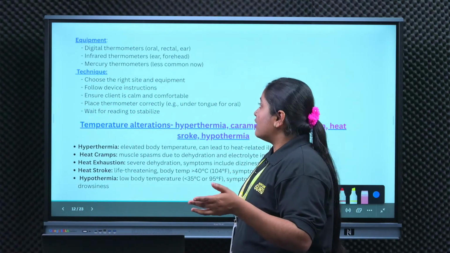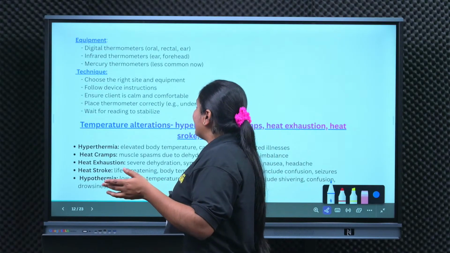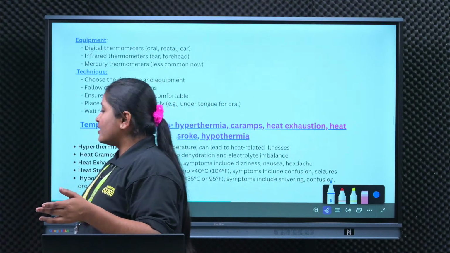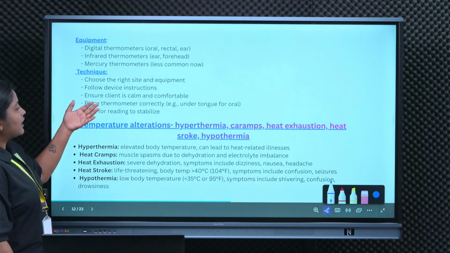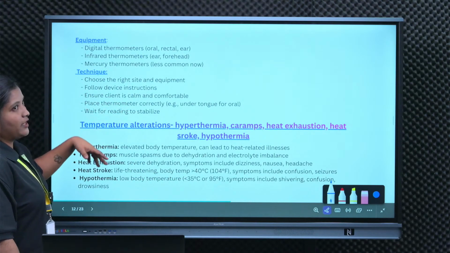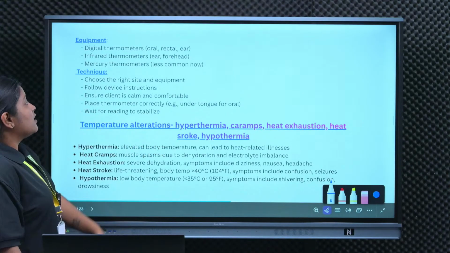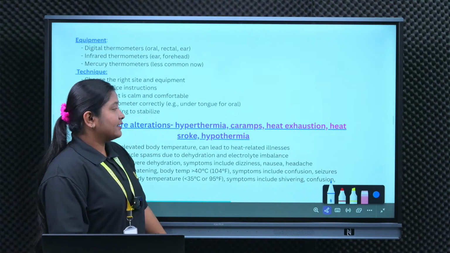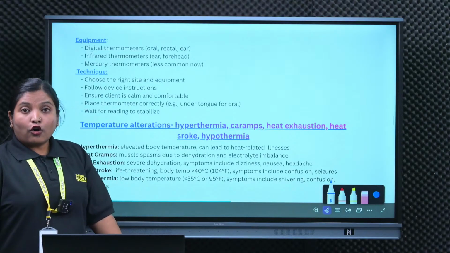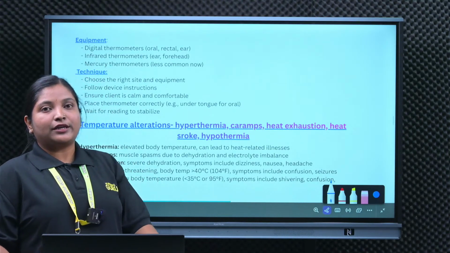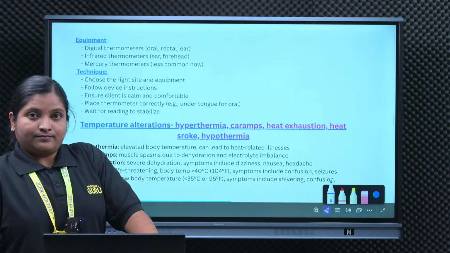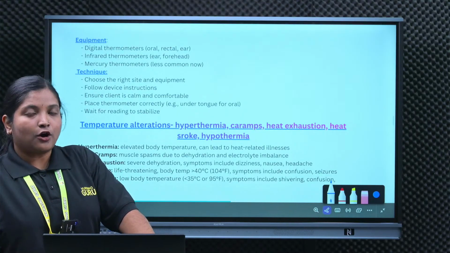The technique: choose the right site and equipment, follow the device instructions given with the device, and ensure the client is calm and comfortable. Explain the procedure to the client, and place the thermometer correctly under the tongue for oral measurement. If you are checking orally, you have to use the thermometer in a proper way.